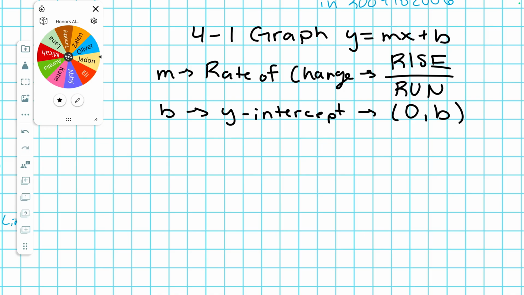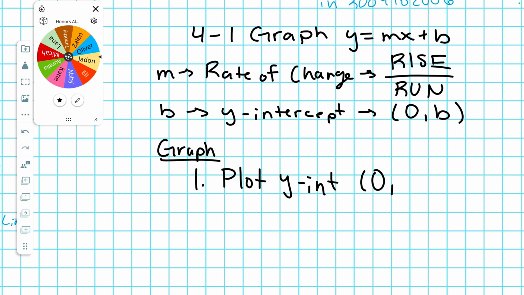Graphing, there are 2 steps. Step number 1, you plot the y-intercept. In order to graph a linear function, you need to have at least 1 point. It could be the y-intercept.